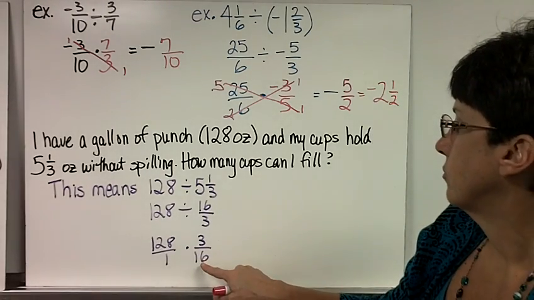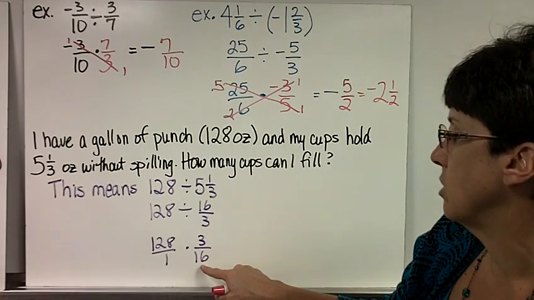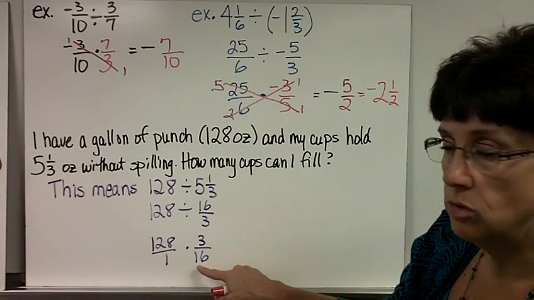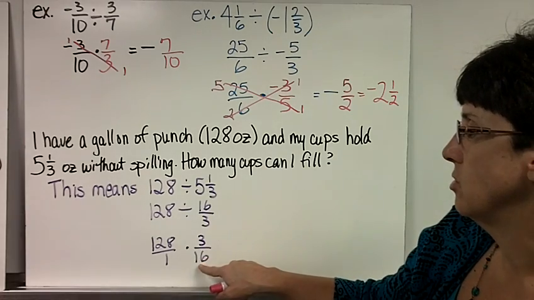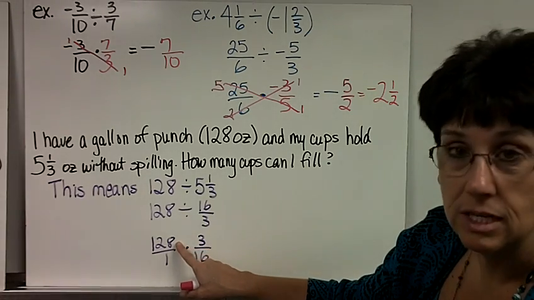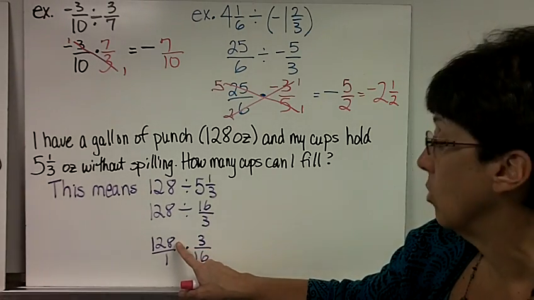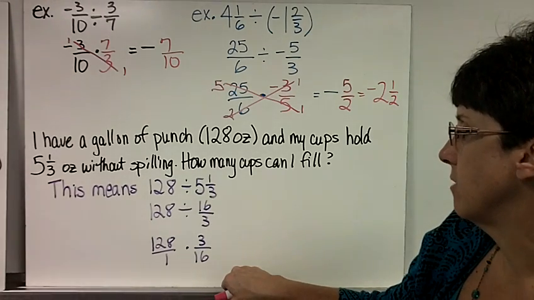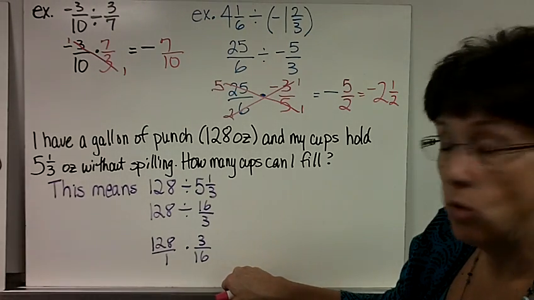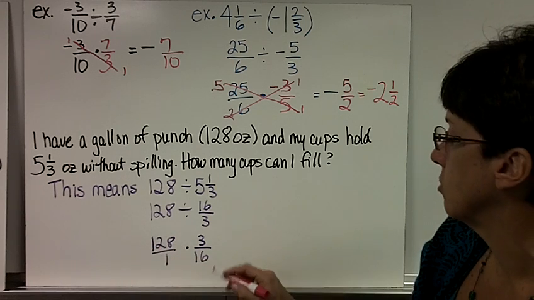Now, this is one of those problems where we can use divisibility rules and see if 8 goes into this, or see if 16 goes into both. I know 16 goes into this, but I don't necessarily think you know. So let's just divide by, what do you want to divide by? How about 4? Because I can see that 4 goes into 12 and 4 goes into 8.